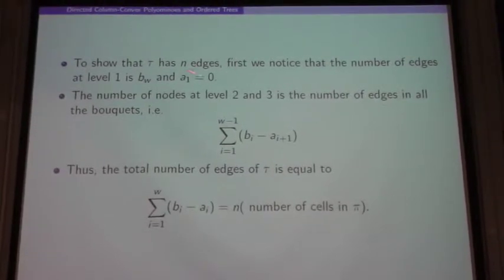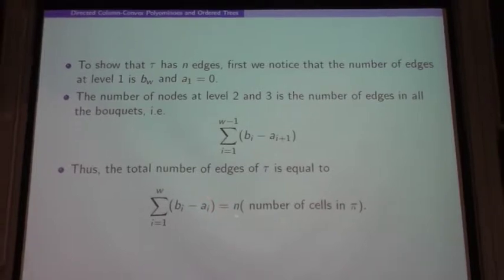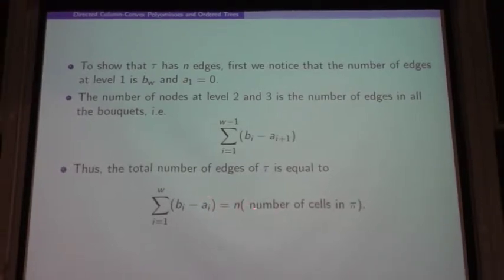So, if you show that the tree that you construct this way has n edges, going back is quite trivial, and finding out that the tree has n edges is just adding up the number of edges dangling from each one of them. The first one obviously is BW. If you rearrange terms, you will see that it's going to be just this sum, and each one of these things is the number of cells in every column, and then you end up getting n very easily from that.